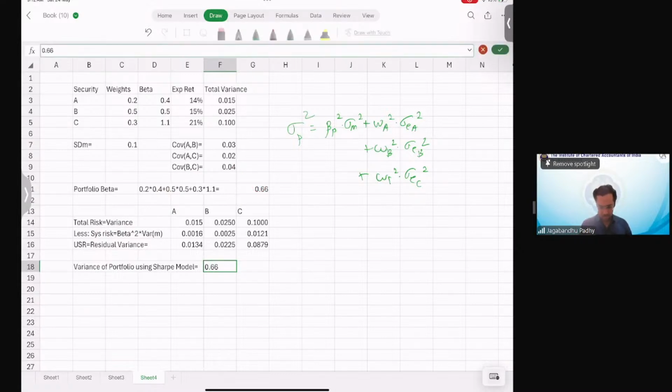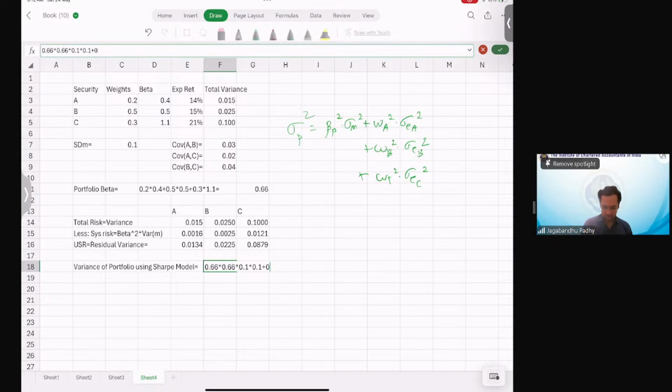So 0.66 into 0.66 plus variance of market. Variance of market is 0.1, so that will be into 0.1 plus weight of A square.